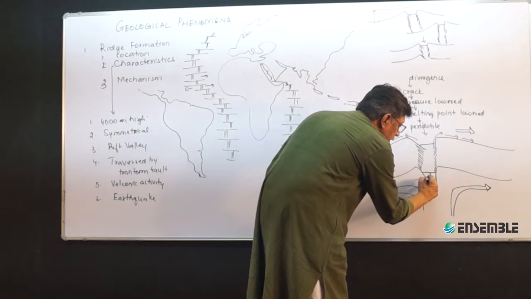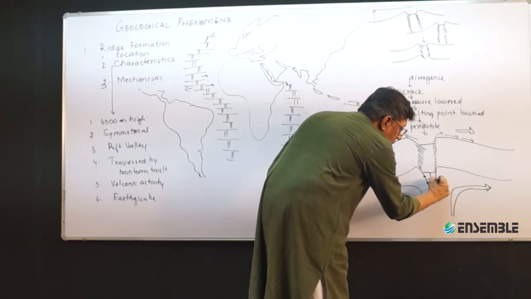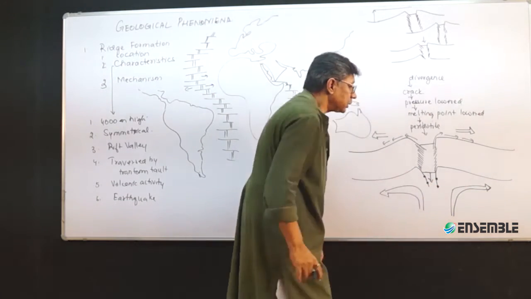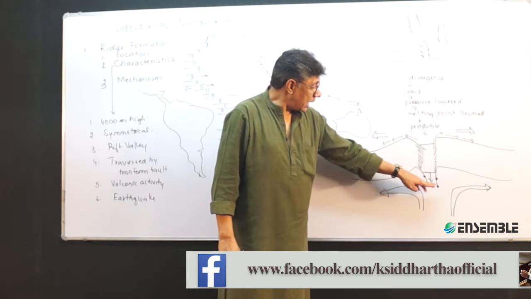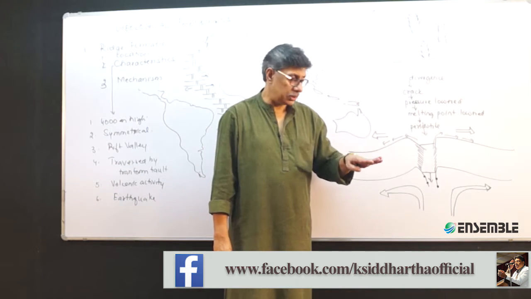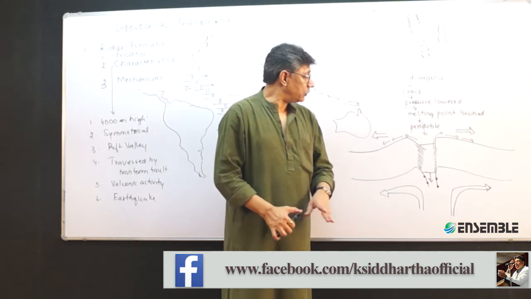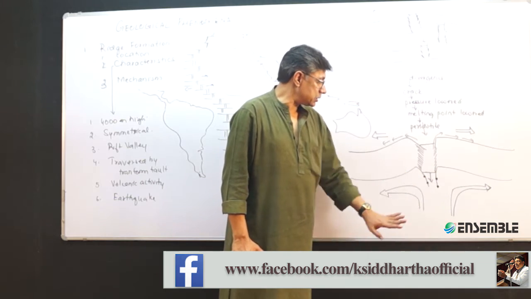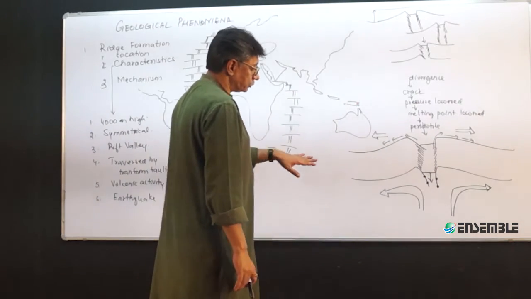All along this sinking, these zones undergo friction, and as they undergo friction, it becomes the reason for earthquakes. These earthquakes are not very prominent, but an earthquake does take place all along this zone.